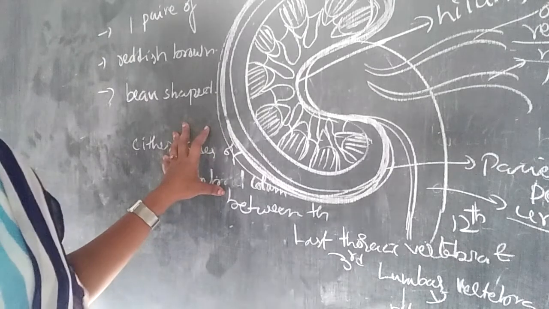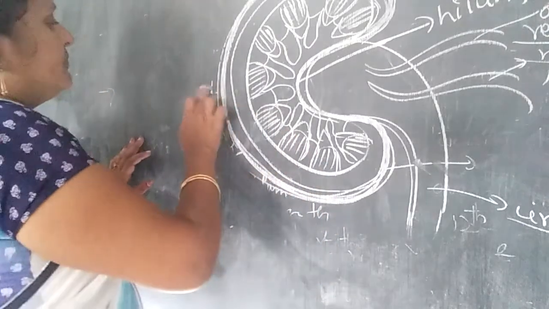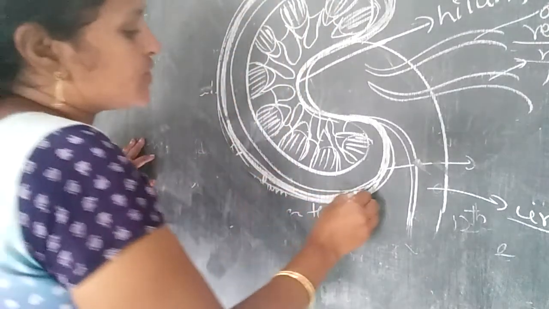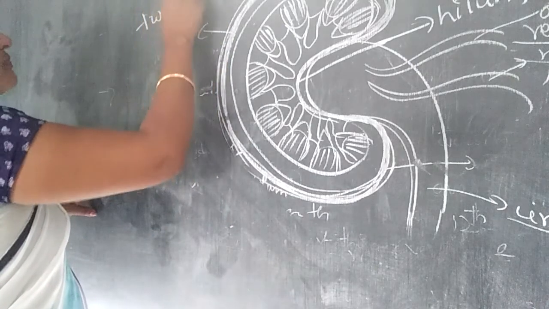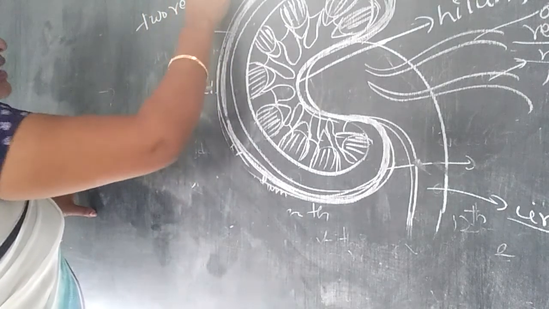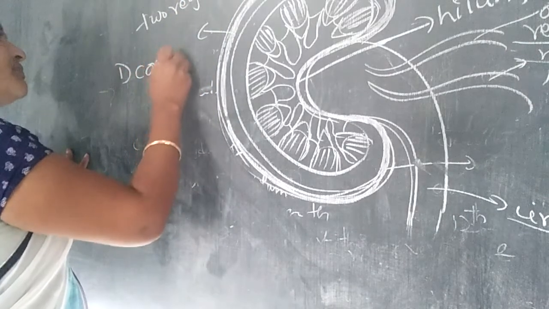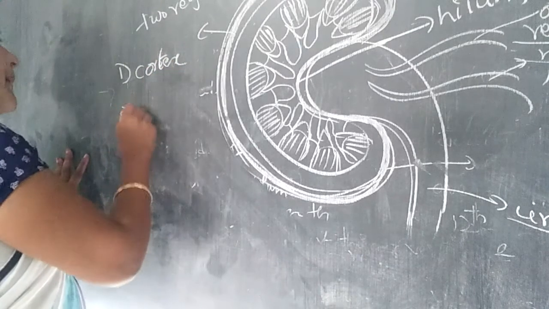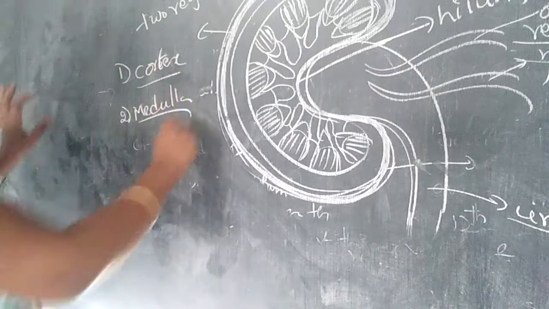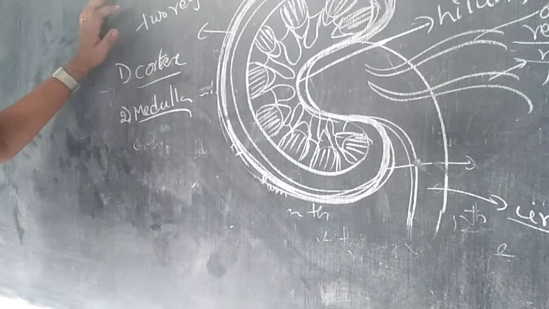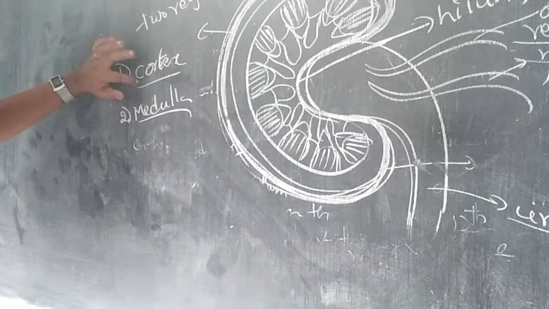Now to explain the internal structure of the kidney. The kidney has mainly two regions: first the cortex, and second the medulla. The outer one is the cortex and the inner one is the medulla.